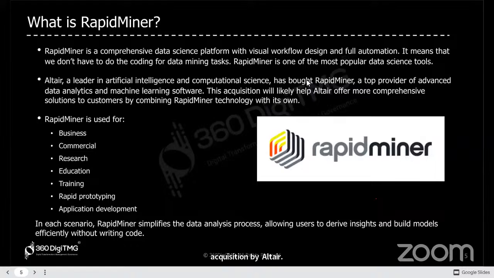And as we talked about, there are various uses in different industries. In business, companies can use RapidMiner to make better decisions based on data. In commercial settings, businesses that sell products or services can also use RapidMiner to improve their operations. It is also used for research purposes.